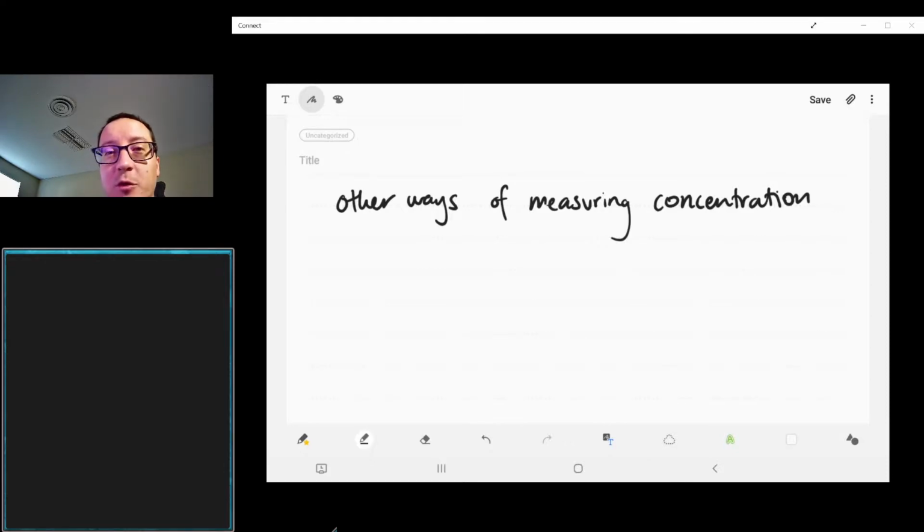By that I mean, of course, we're going to continue on our figuring out how to quantify levels of solute in your solvent, or in your solution, rather. And so yesterday, we started kind of talking about molarity, right?